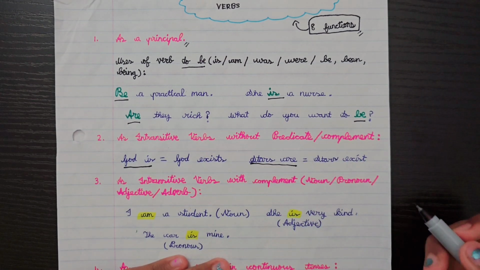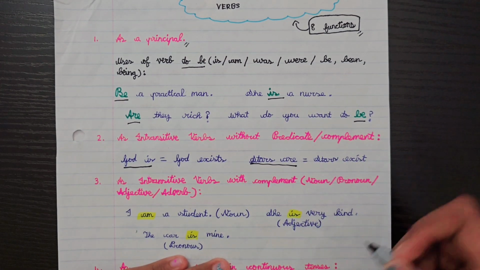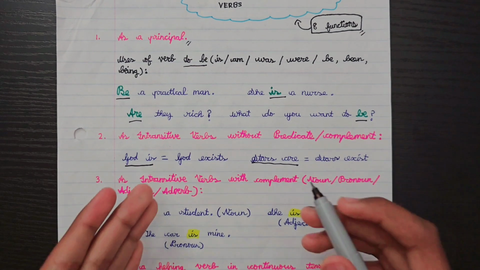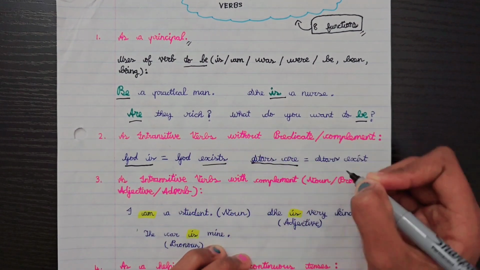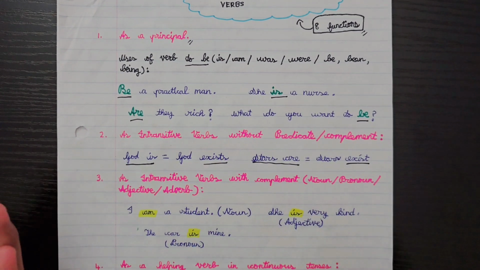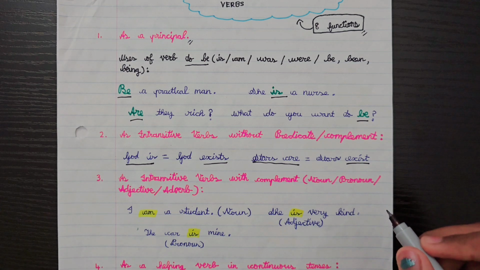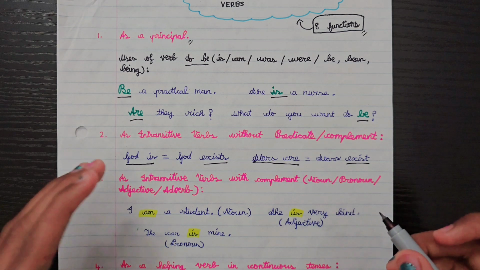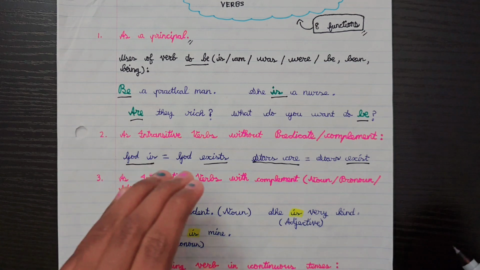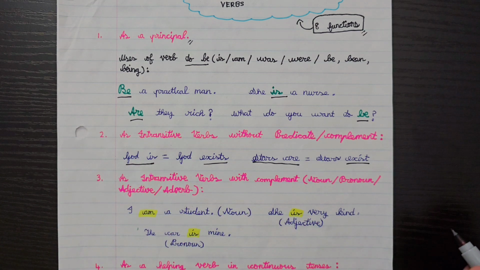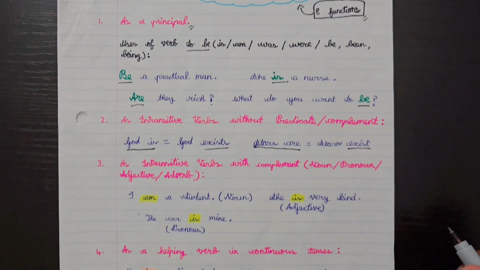Without adding a predicate, you could rather say stars exist. Instead, you could use the word exist instead of the predicate. In this sentence, exist is the special finite verb. That's why this function is called intransitive verbs without predicate or complement.